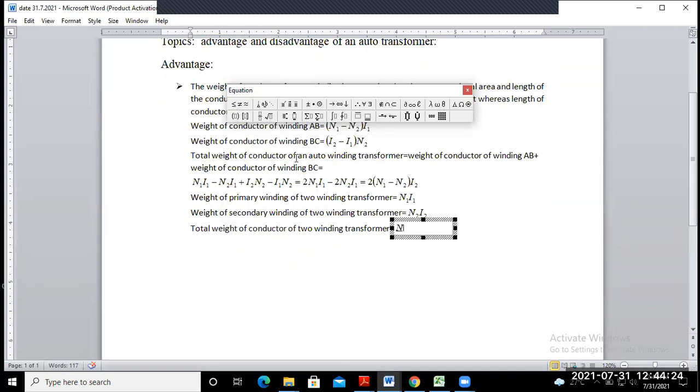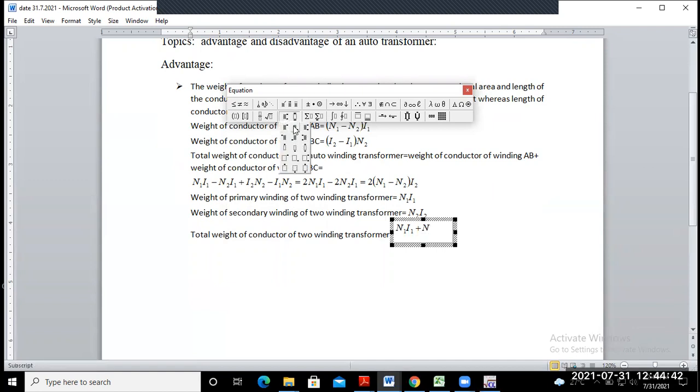N1 I1 plus N2 I2 is equal to 2 times of the N1 I1.